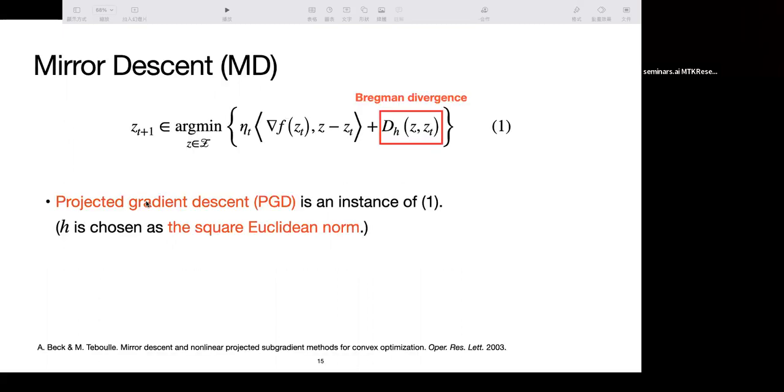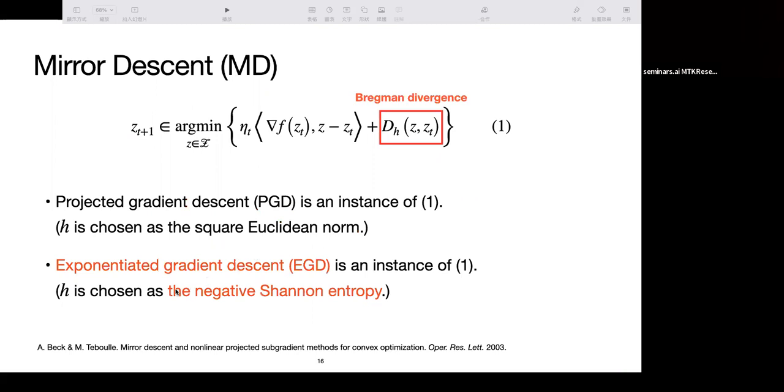And now let me briefly introduce the mirror descent first. Mirror descent can be expressed in equation 1, where d_h is the Bregman divergence induced by some convex differentiable function h. When h is chosen as the squared Euclidean norm, it is called the projective gradient descent.